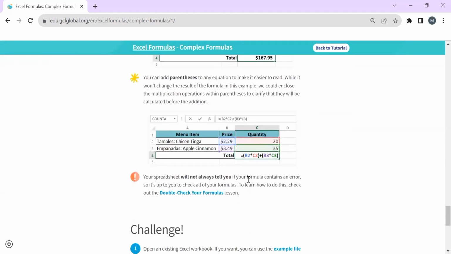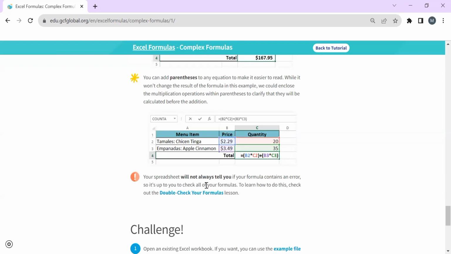So, ganun nga, lalagyan mo ng parentheses yung dalawang nauna, which is B2 multiplied by C2, tapos B3 multiplied by C3. Paglalagay ng parentheses, ini-indicate mo na sila yung gusto mong unahing calculated. Pero in this example naman, kahit wala na siyang parentheses, kasi di ba, nauuna naman yung multiplication kaysa sa addition.